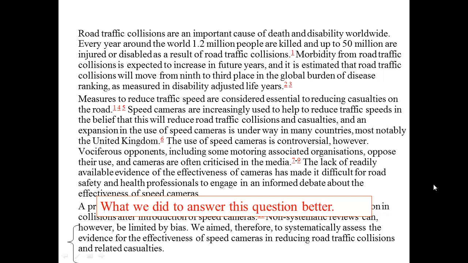So we aimed, therefore, to systematically assess the evidence for the effectiveness of speed cameras. So they're going to do a systematic review, and that's going to improve on the non-systematic review that was done before, and try to tabulate the total evidence available about whether or not speed cameras really do reduce road traffic collisions and related casualties. So that's the introduction section.